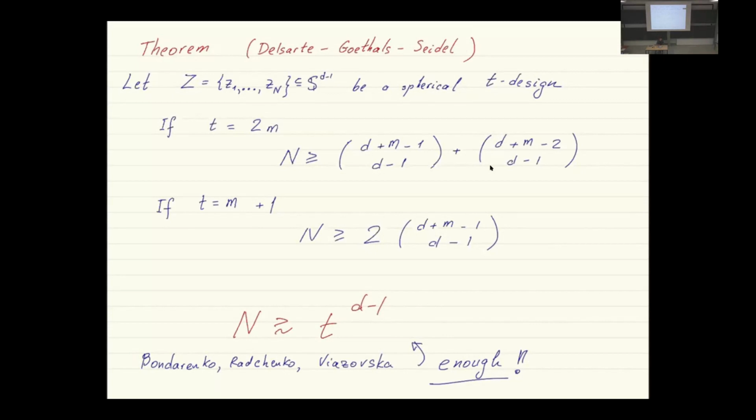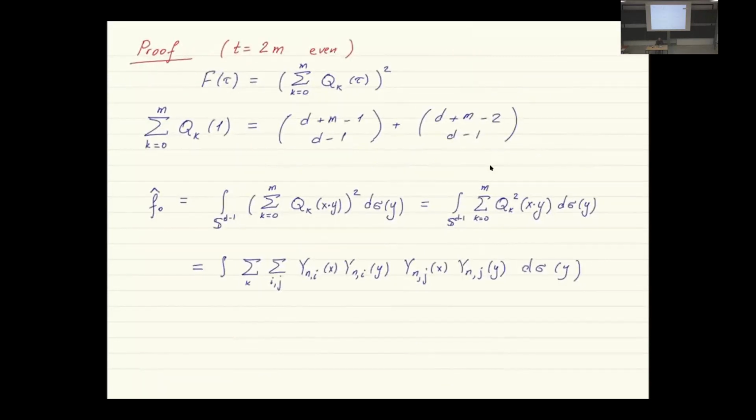Okay, but now I want to explain to you how to prove this bound, and this bound can be proved in the following way. The polynomial that we want to construct is the following: we take all the Gegenbauer polynomials of degree up to m, and we take their sum and square it. So that's going to be a polynomial of degree 2m.